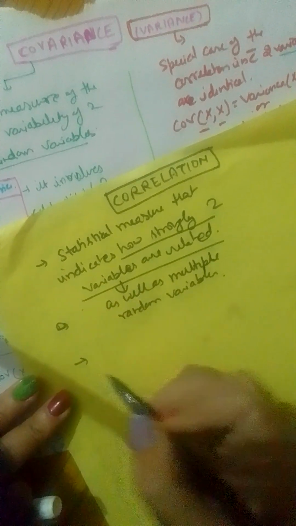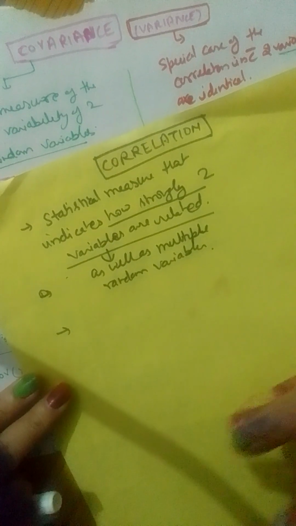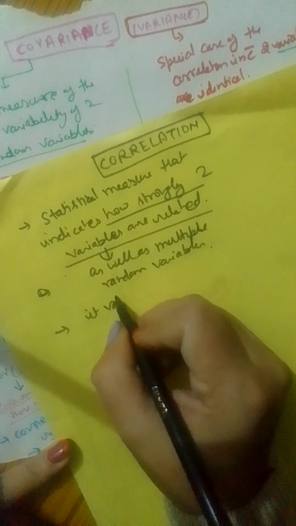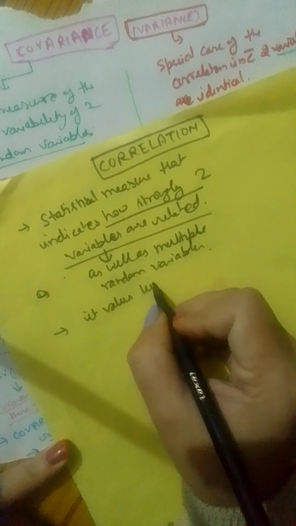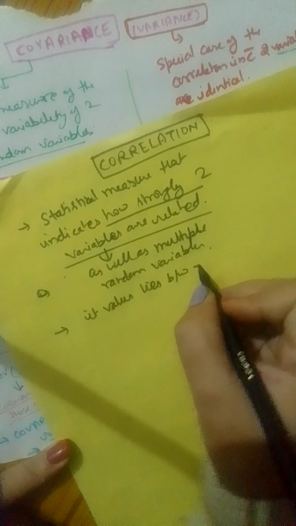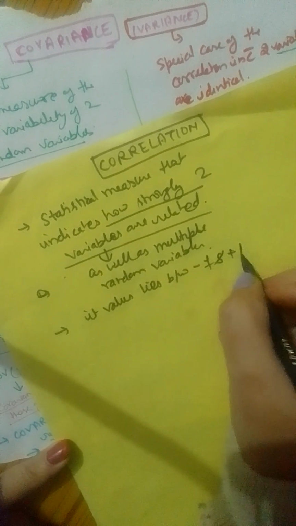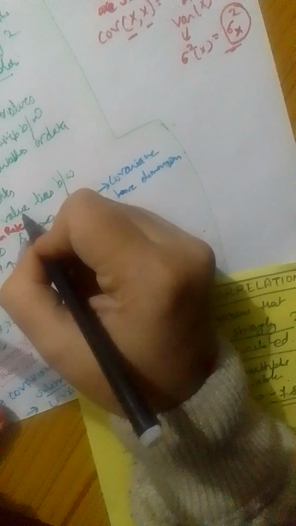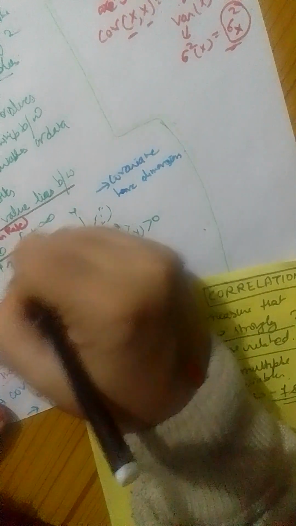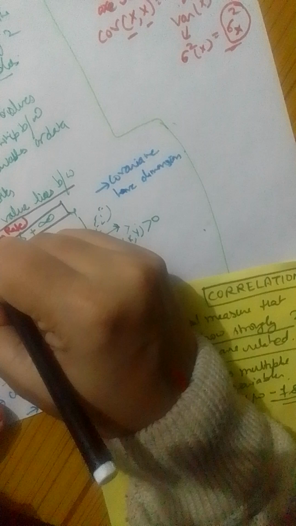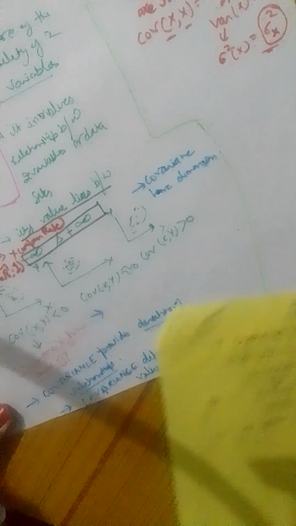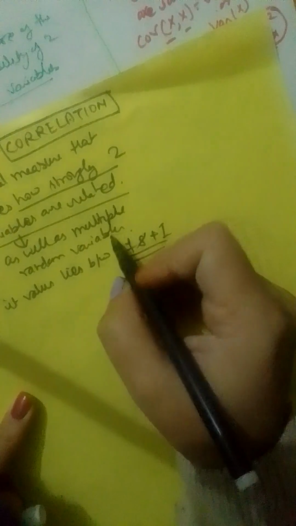Now another thing is, its value lies between -1 and +1. But what was happening in covariance? Its values were lying between -infinity and +infinity. But in correlation, values lie between -1 and +1.